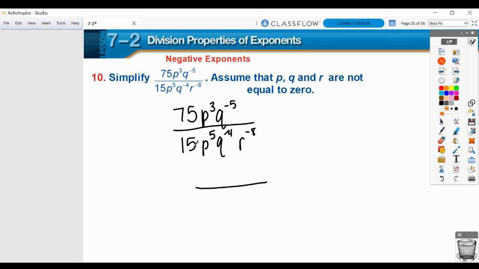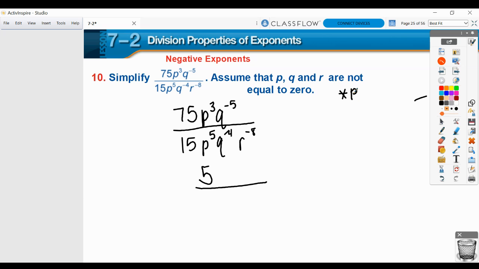The 75 divided by 15, you just do like you would normally do. So 75 divided by 15 is 5. Now, if you look at everything else, you're dividing. So here's where you can do a little shortcut.